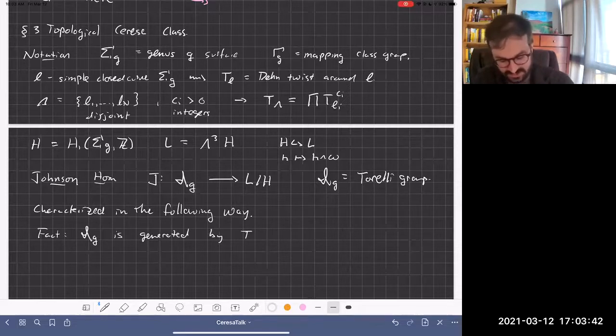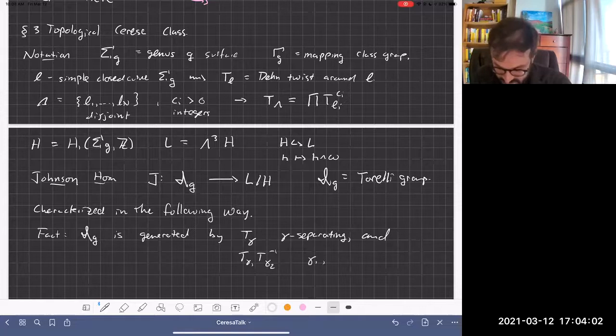So, fact: the Torelli group is generated by T_gamma, where gamma is separating, and T_{gamma_1} T_{gamma_2}^{-1}, where gamma_1 and gamma_2 form a bounding pair.